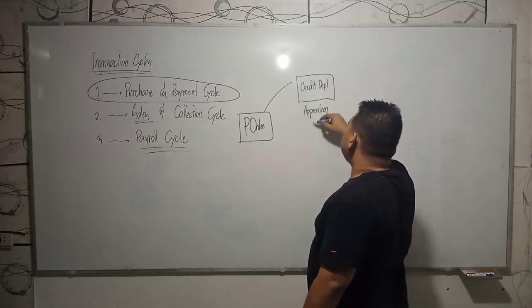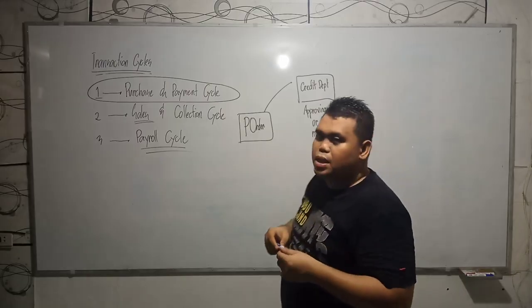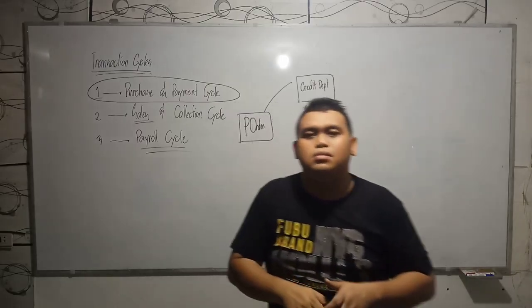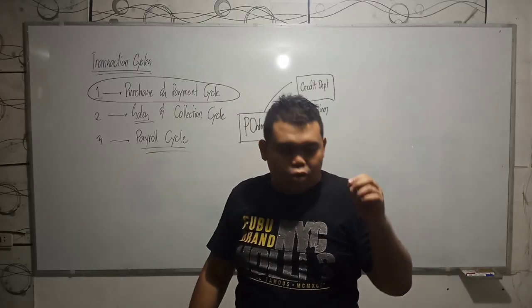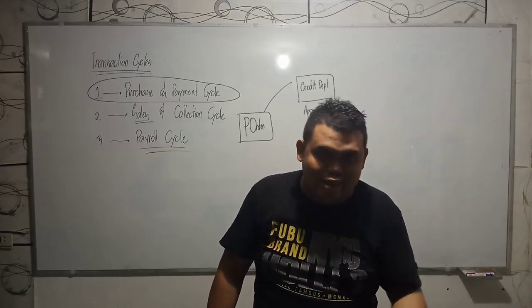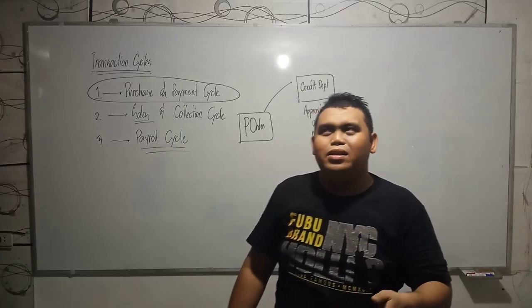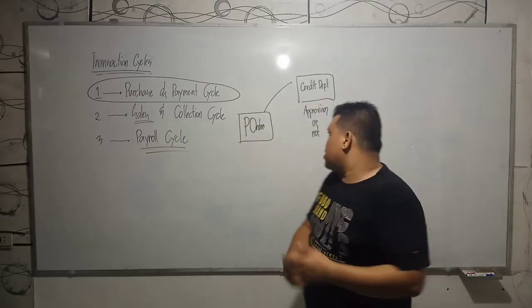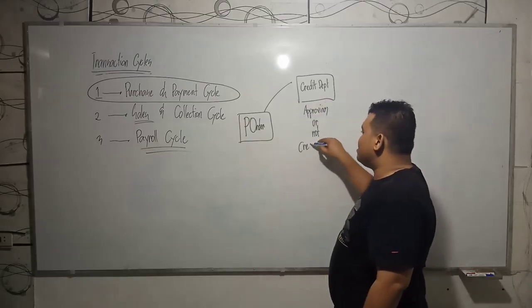Why? The credit department's role is basically maintaining the records of the customers, of how much they are indebted already, how much credit they have enjoyed already. Because sometimes there is a credit limit.